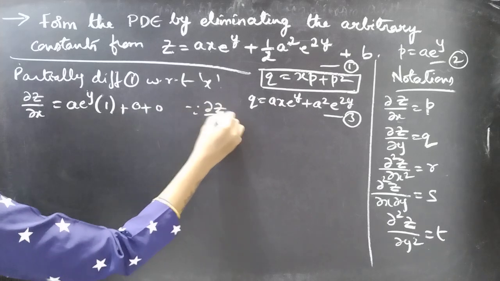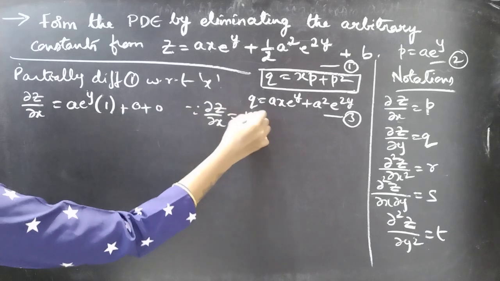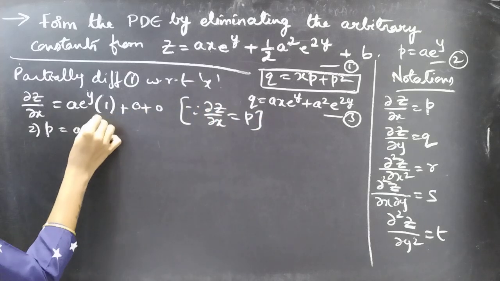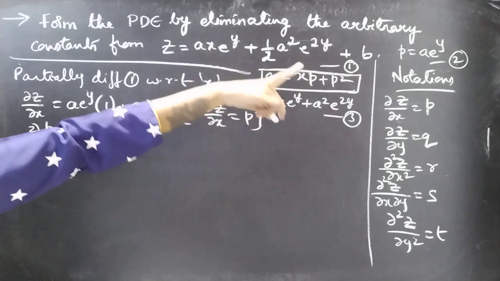Since dou z by dou x equal to p, let's use this notation. You'll get p equal to a e power y, right? We have considered this as equation number 2.